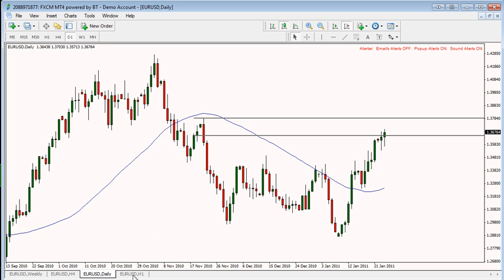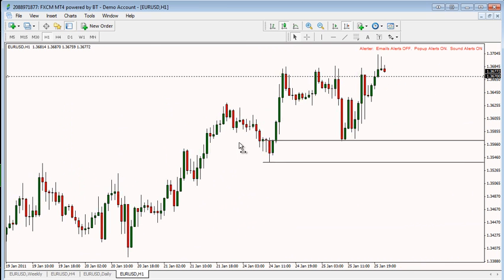Anyhow, I want to bring it to the euro US dollar chart because this is where it all happened. You see price kind of rallied up here, pulled back, based here, shot out. Now this is a nice move up, right? Without any question, you can objectively say, who was in charge here? Was it the bulls or the bears? Well, it's pretty easy to say it was the bulls that were in charge.